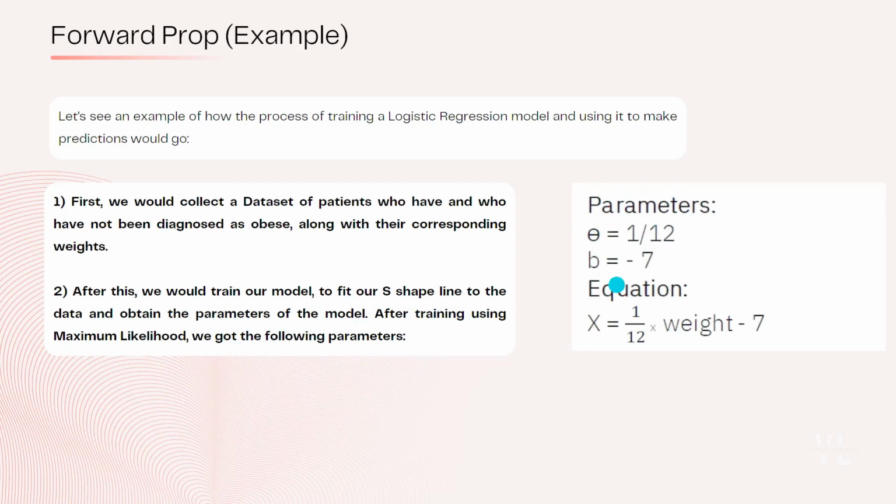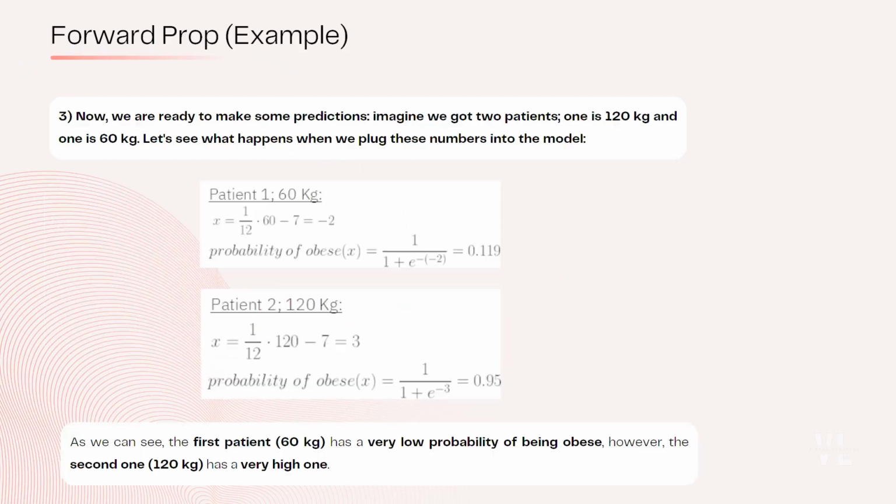These parameters are supposed to be estimated by our model, but in this case, let's just consider that these values are given by our model after using the gradient descent algorithm, because here we're just trying to demonstrate the forward propagation procedure.